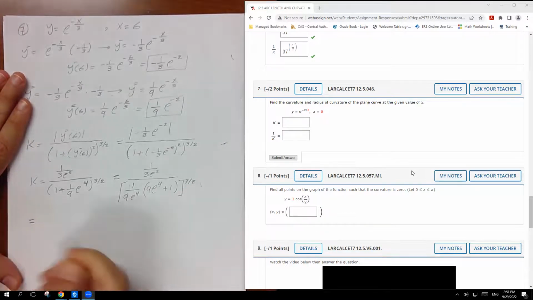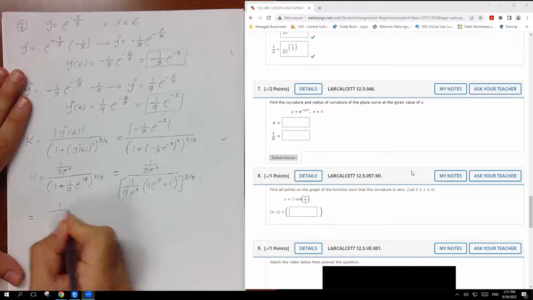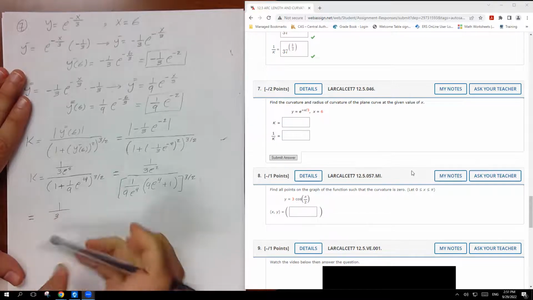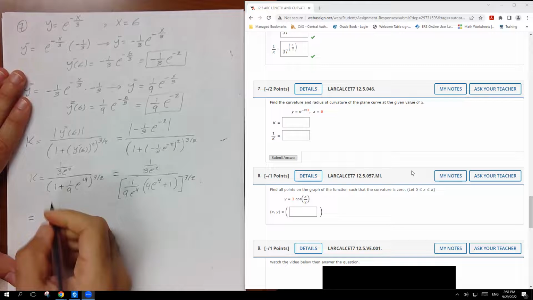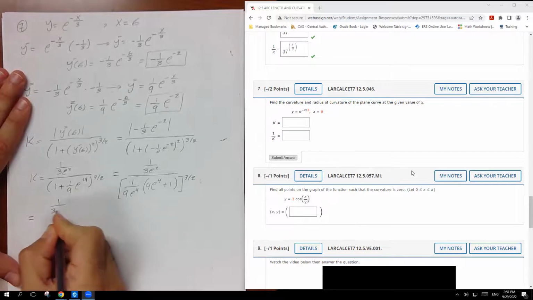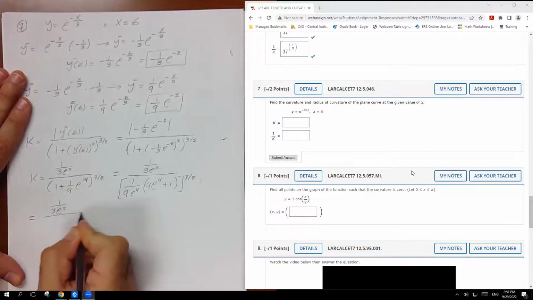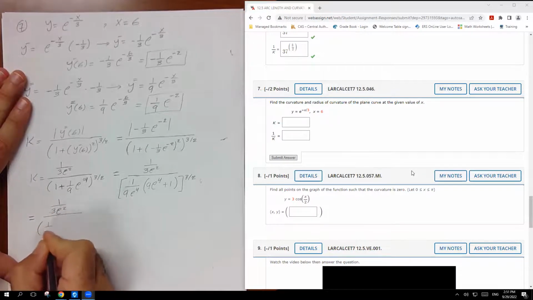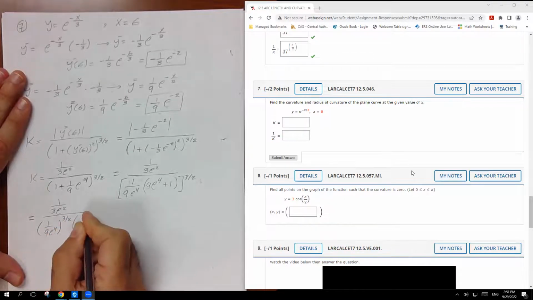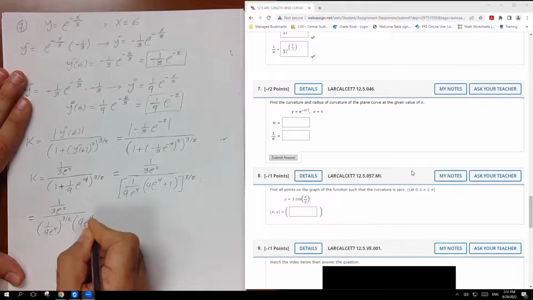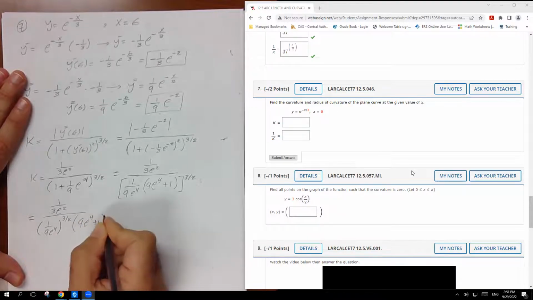So it's going to be equal to 1 over 9 e to the negative 2 over 1 over 9 e to the negative 4, and this one the other side, which is 9 e to the 4 plus 1, to the 3 over 2.